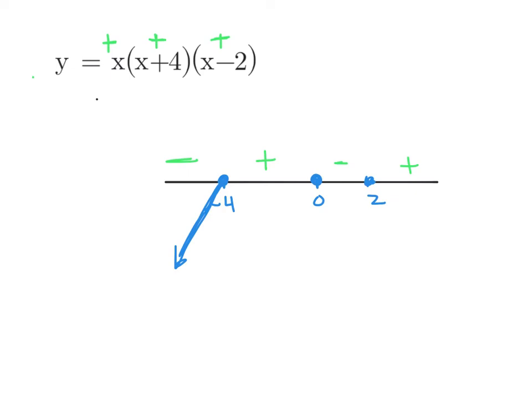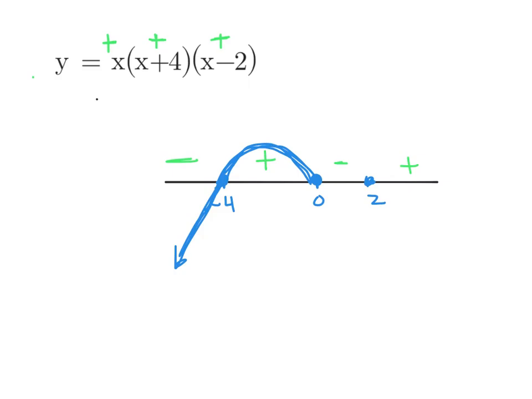At -4 and at 0, the y-coordinate is 0. So these points are x-intercepts. I know that this function's continuous, so I have to be able to connect those 2 points to be able to get from -4 to 0, but staying on the positive side of the x-axis.